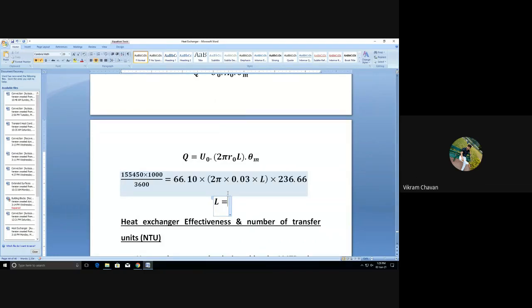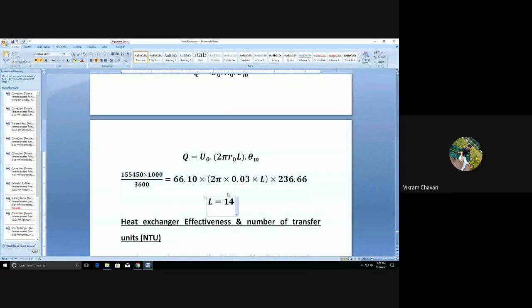Do the calculation for L, and please let me know the value of L. What value are you getting? 14.64. Okay, great.